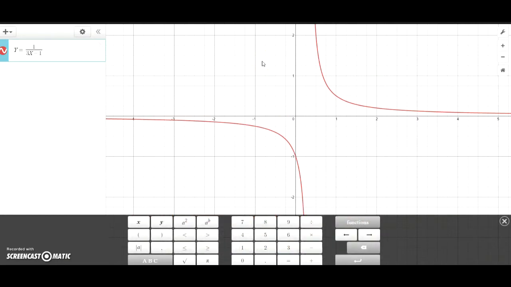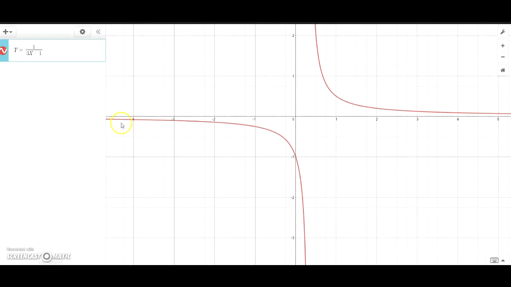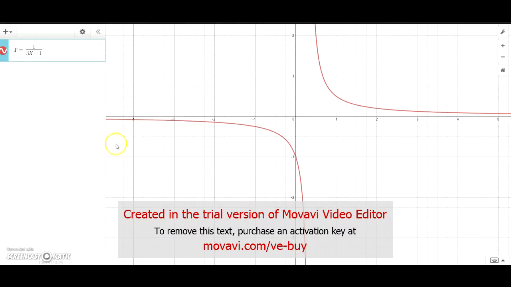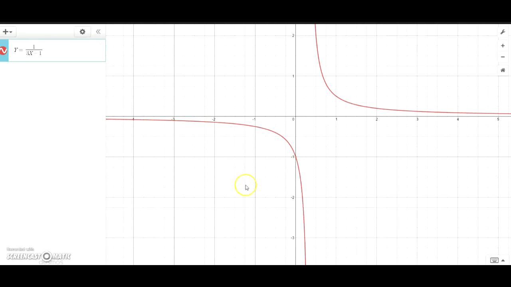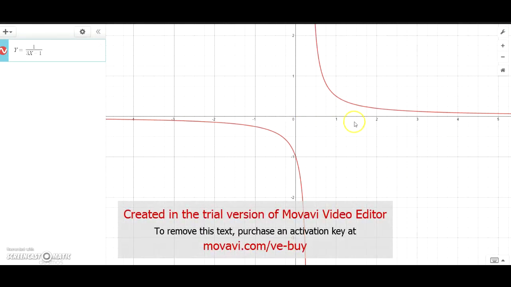Now let's look at the graph. As we approach x from the negative, the values of f of x become more and more negative. And as we approach from the right, the value of f of x increases positively.